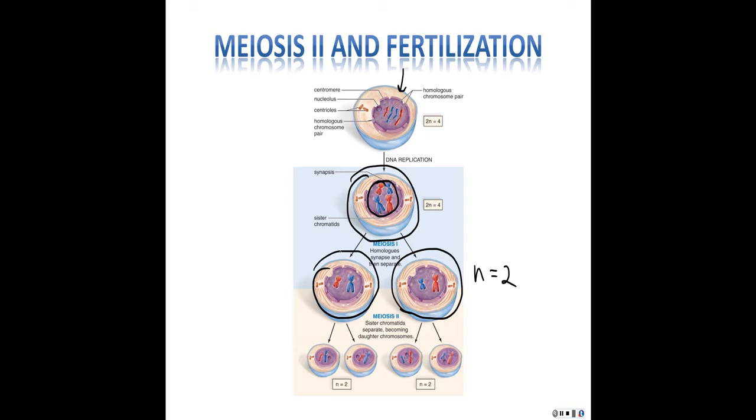What we did was we basically took each of those pairs and separated them. Okay, and then once the homologs are separated, we do one more division and we separate those sisters, right? So that each cell that results from this division is now haploid and has only one copy of each chromosome.